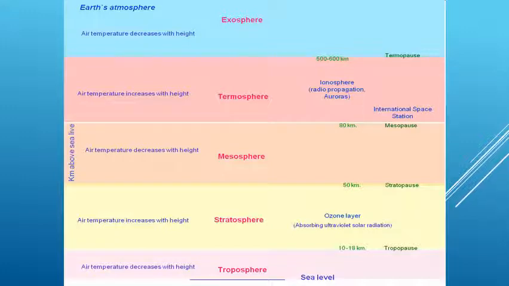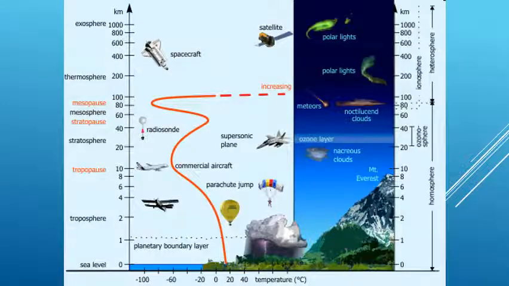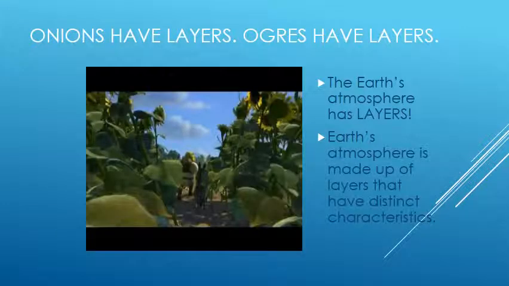Here's another graphic showing the layers of the atmosphere. And even one more. Onions have layers, ogres have layers. The Earth's atmosphere has layers. And each one has its own.